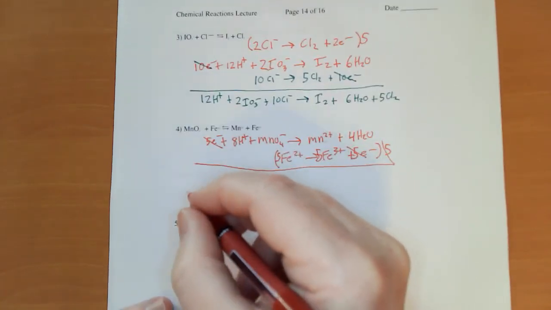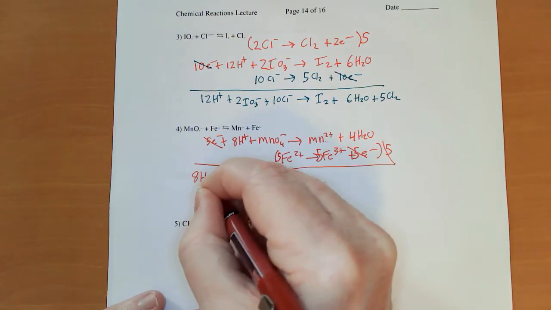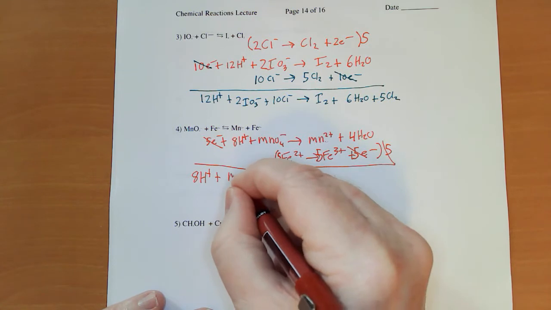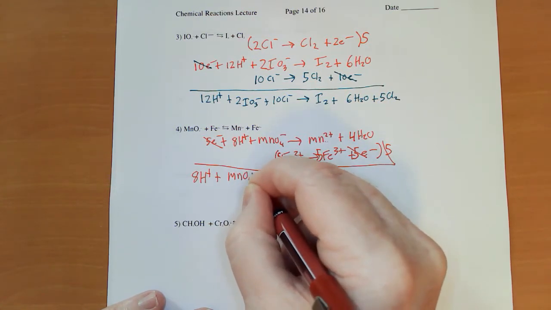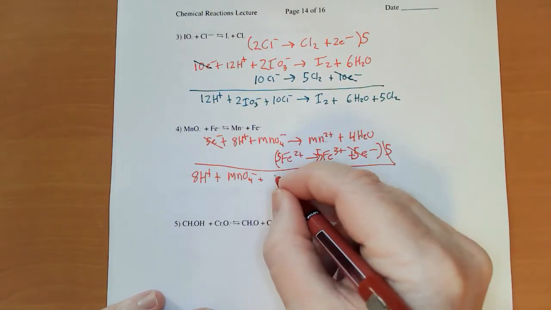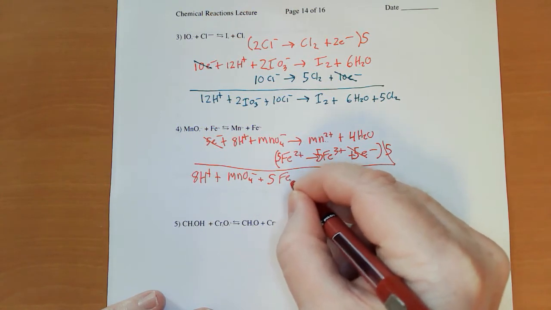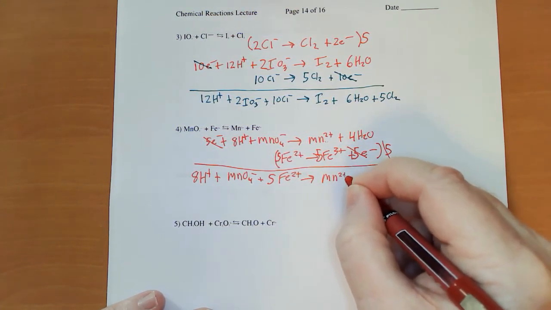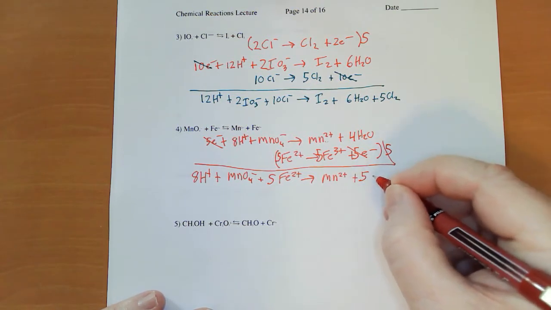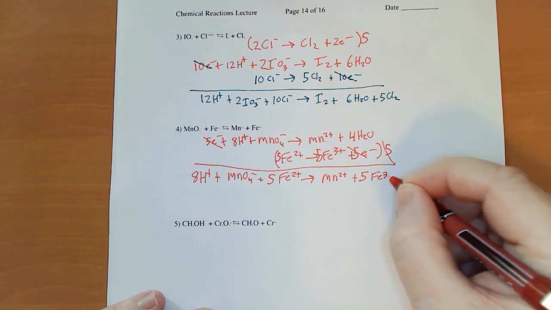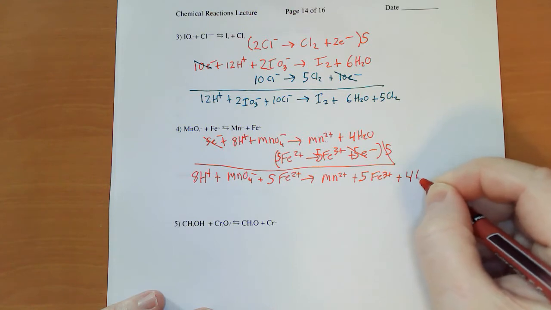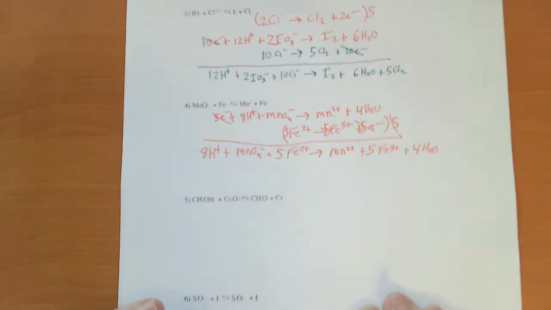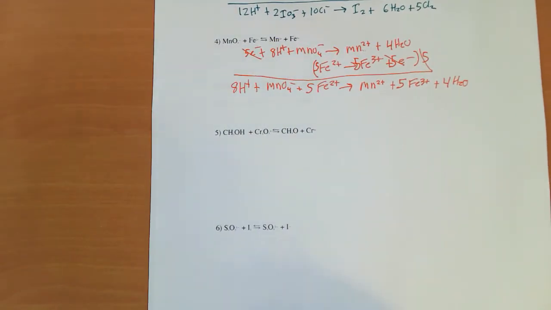I'm going to end up with 8 H plus, permanganate (did I mention you need to know your polyatomic ions?), plus 5 Fe2 plus gives me Mn2 plus, 5 Fe3 plus, and 4 H2O. Pretty straightforward.